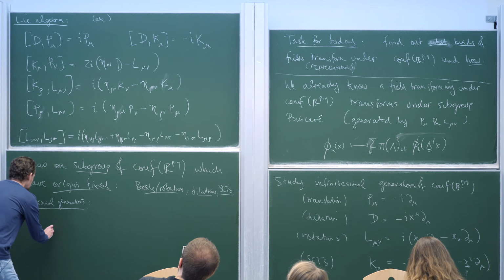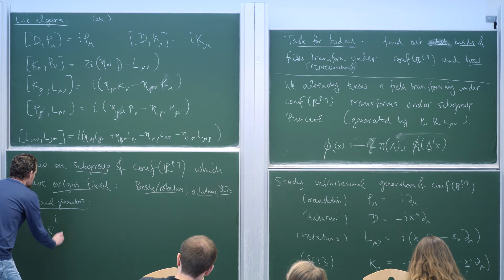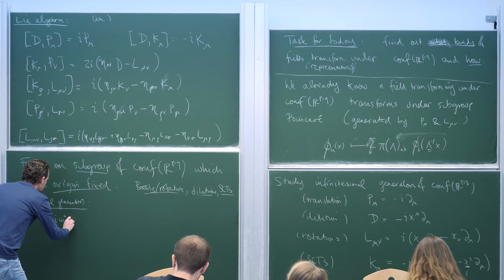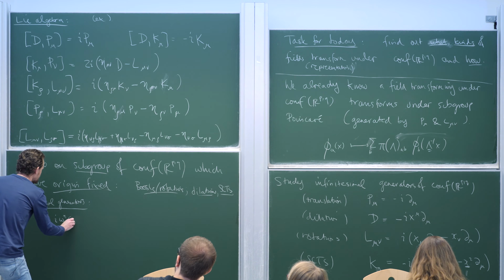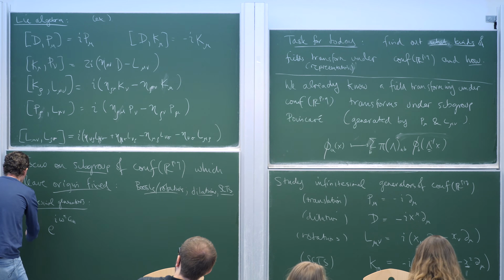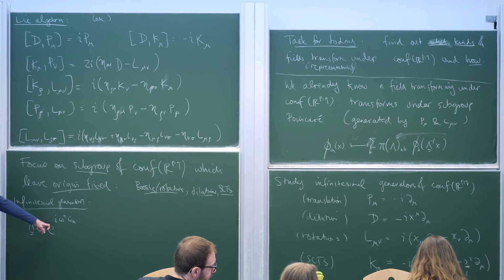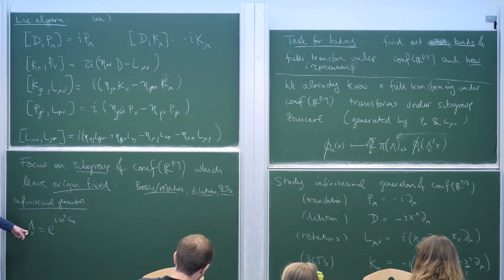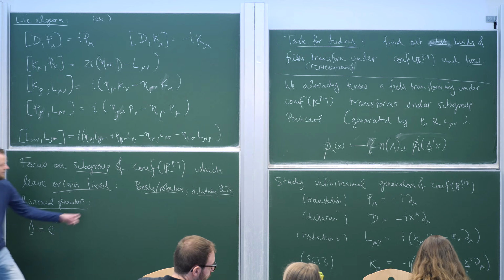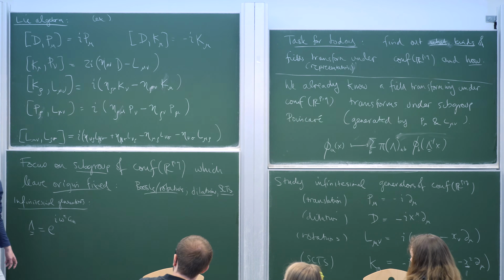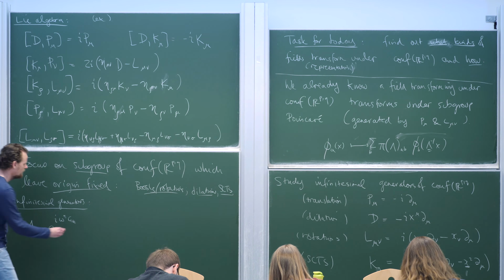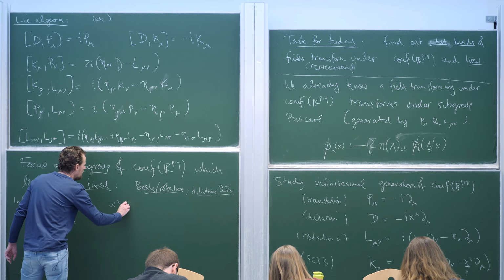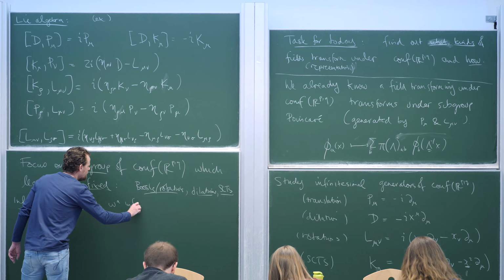So e to the i omega A generator A. Probably a bad notation. Let's stick with alphas. So suppose you have an infinitesimal conformal transformation that is some combination of boosts, dilations, and special conformal transformations. So omega A is infinitesimal.